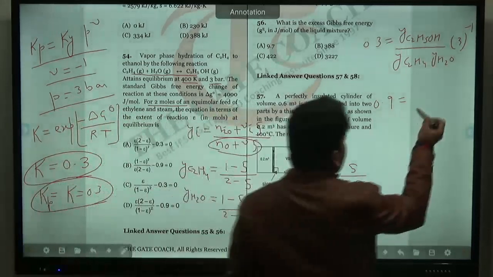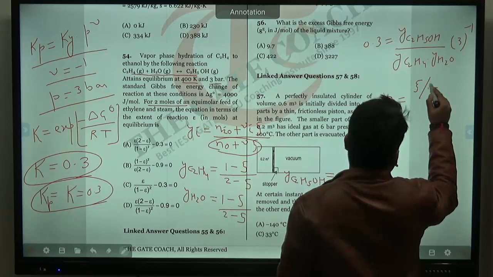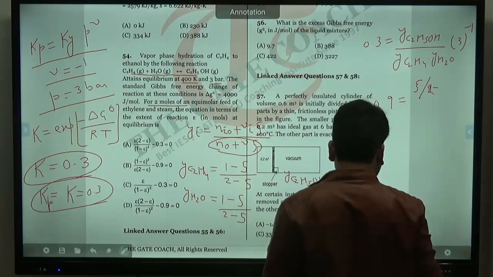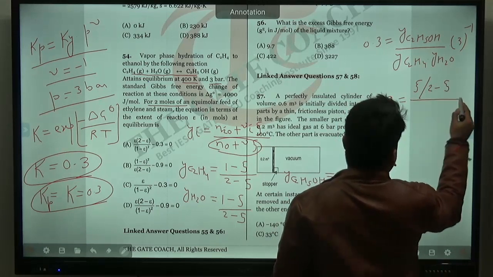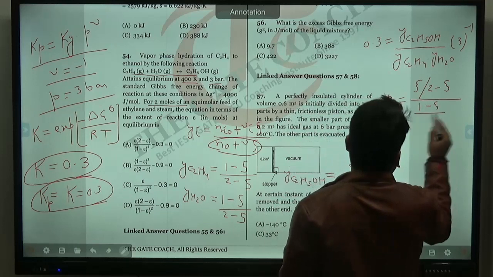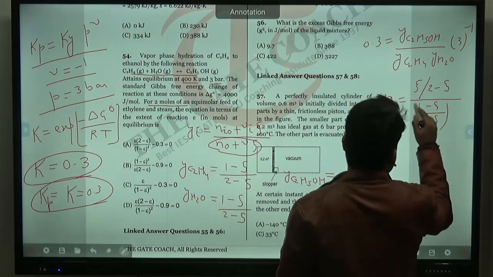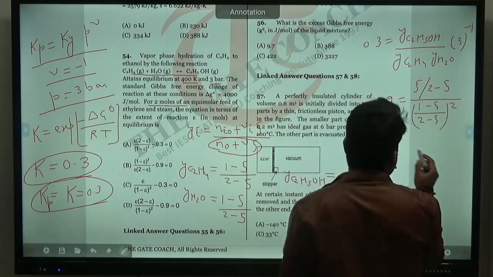Put these values here, so it will be zeta upon 2 minus zeta divided by 1 minus zeta upon 2 minus zeta whole square. All divided, 2 minus zeta will get cancelled.